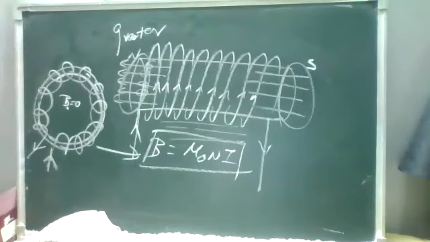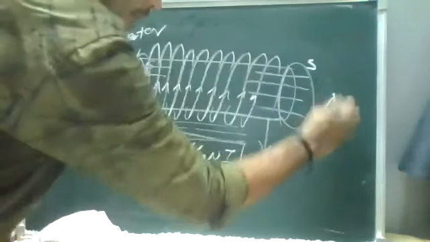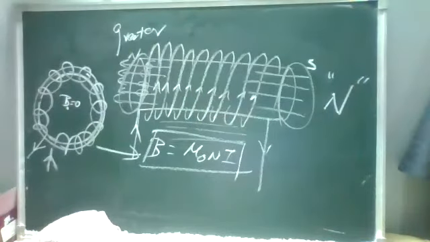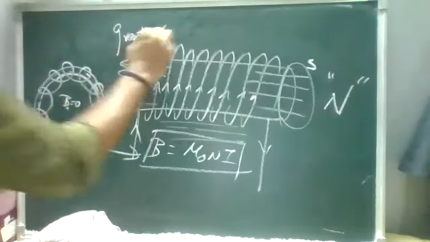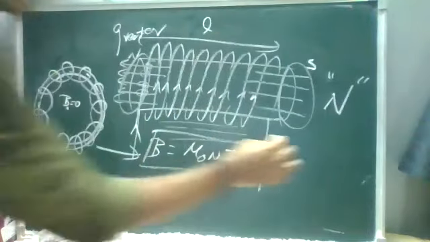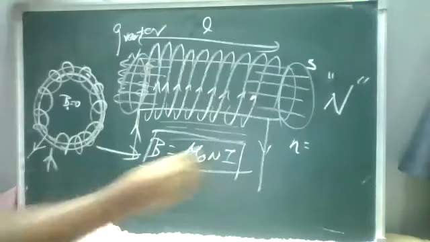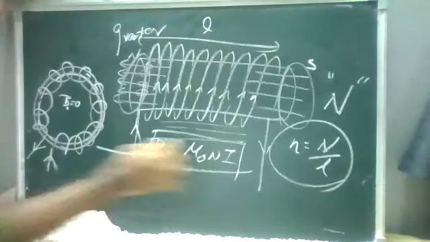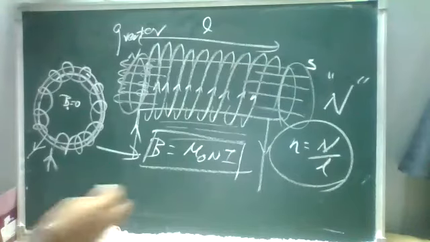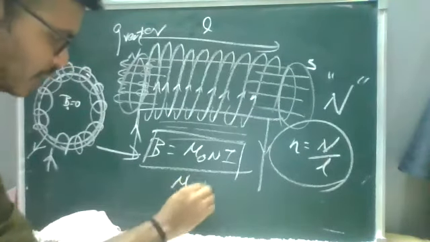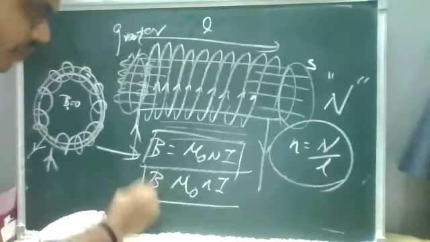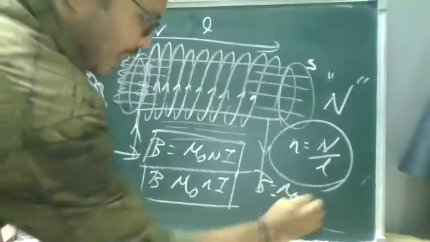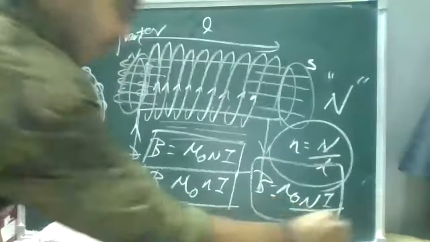Remember, when they discuss the number of turns, it is specified as capital N. When we discuss the number of turns per unit length, we use small n, where small n is equal to capital N by L. So when they give the number of turns per unit length, B is mu naught small n into I, which means B is equal to mu naught capital N I by L. Remember this relation.